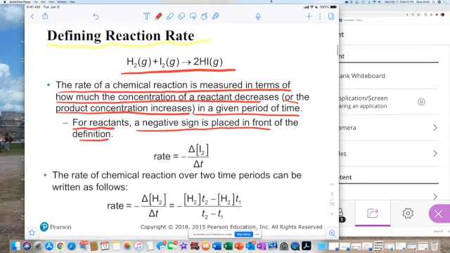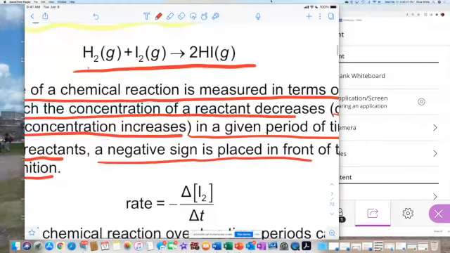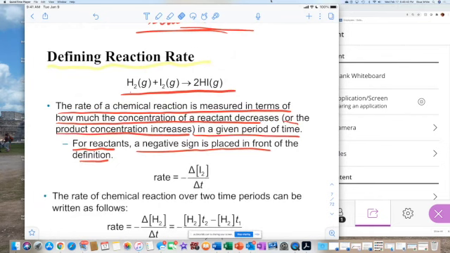So let's see right here. In our balanced equation, we have two reactants, okay? There is this one, and then there is this one. So what I'm going to do, I'm going to erase this one here because it helps when you get what they're trying to say to recognize when they have switched the focus. Right here they're telling you for reactants a negative sign is placed in front of the definition.